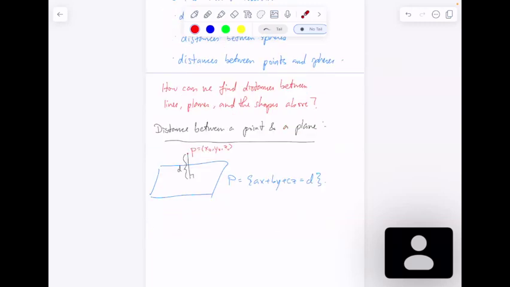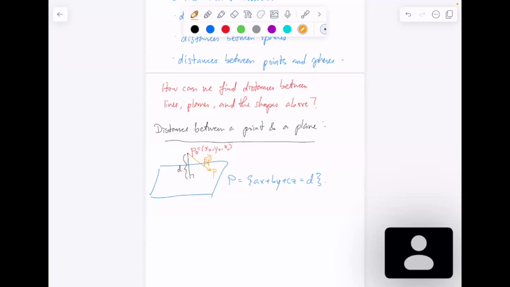All right, so maybe I could help myself out a bit. If I take any other point P that's on this plane, then I could draw a vector from P on this plane to P0, which is off this plane, right? So this is a vector P0P.